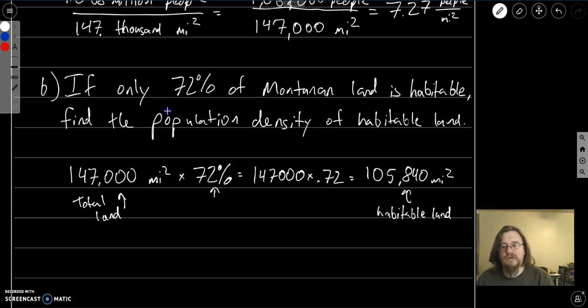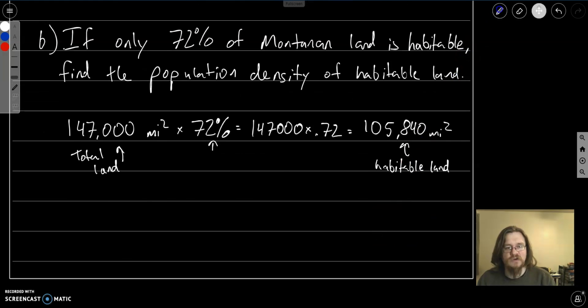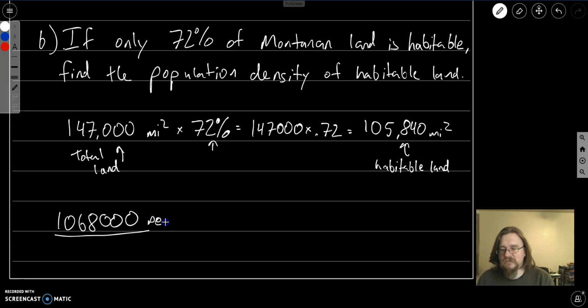Now, if we want to find the population density of the habitable land, we do the same thing that we had before. We'll just take how many people are in Montana, 1,068,000, and this is people, divided by 105,840, and this is habitable land measured in square miles.